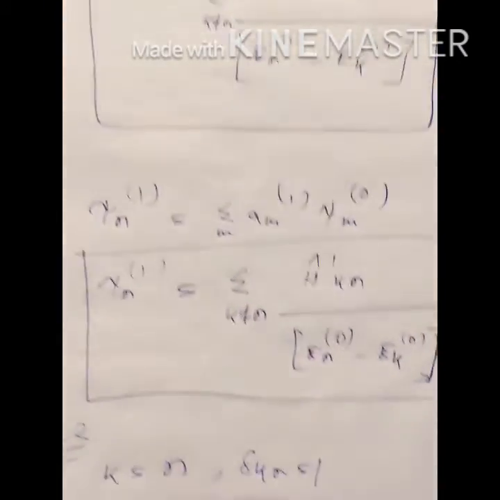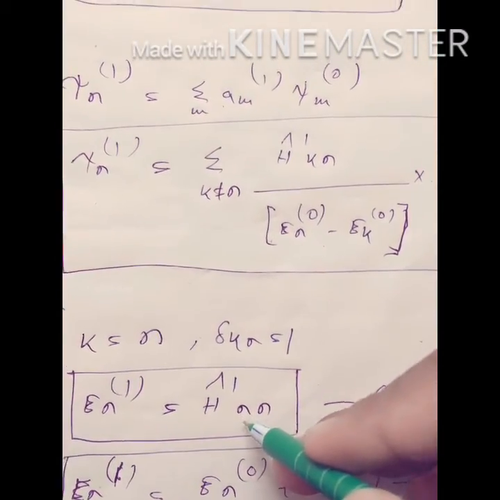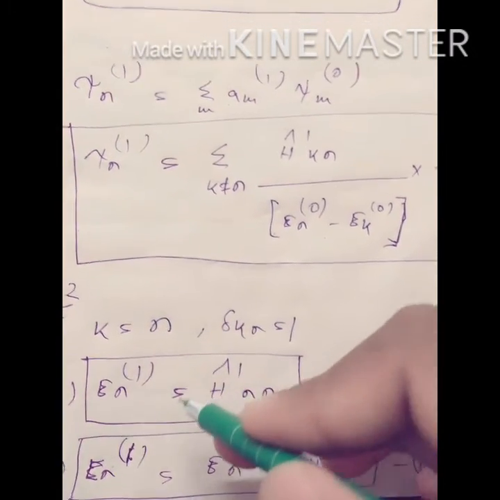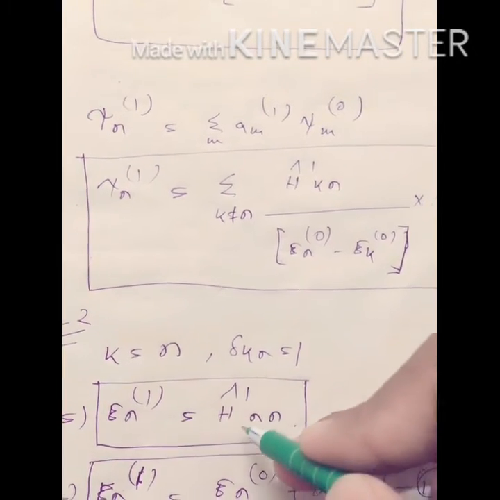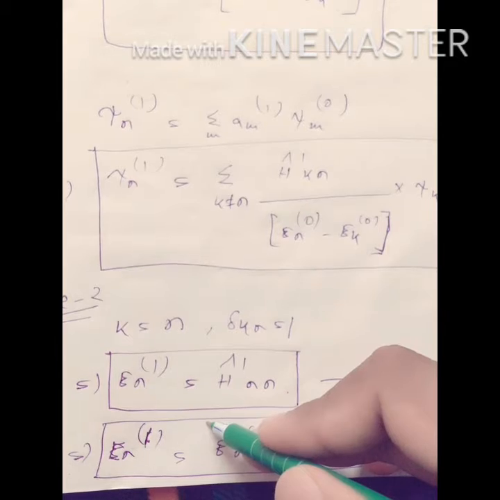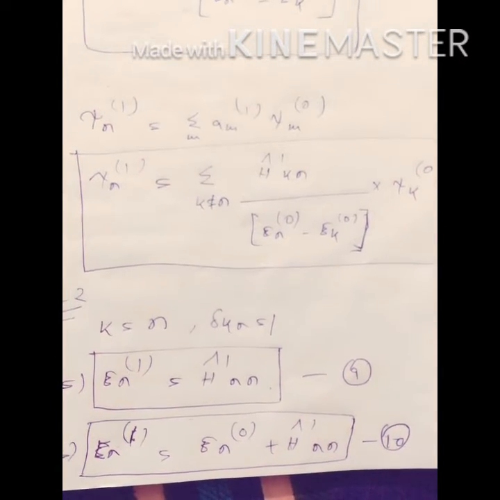So the first order correction to the energy eigenvalue is H prime nn, equation number 9. So we can write En is equal to En0 plus H prime nn, equation number 10.